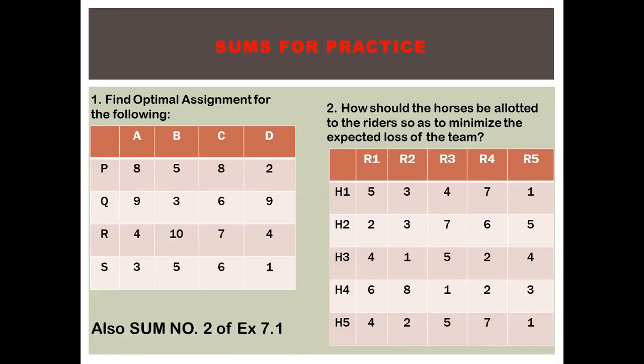So class, with this, our first category, that is minimization problems, are completed over here. From tomorrow onwards, we'll be starting with the second category of sums. The topics will be the same, but the only difference will be instead of minimization, our objective function will be changed to maximization problems.